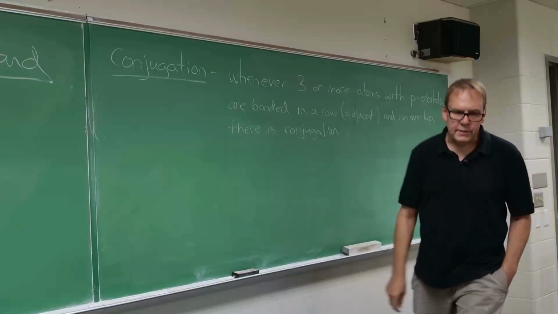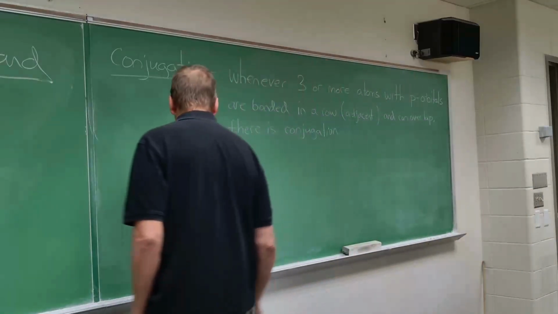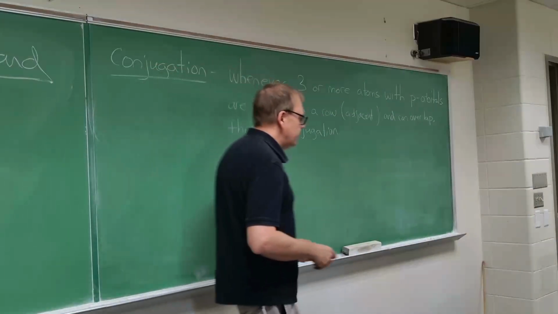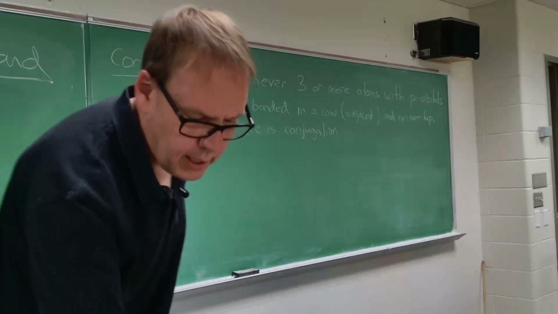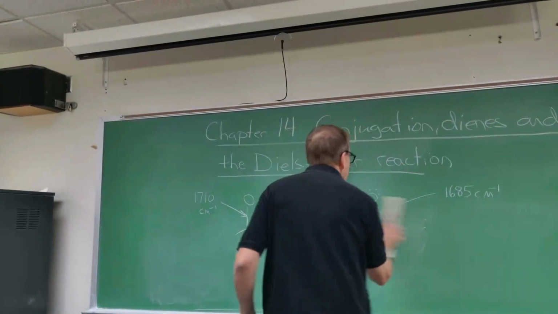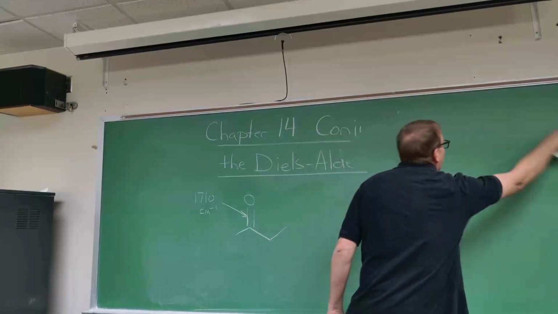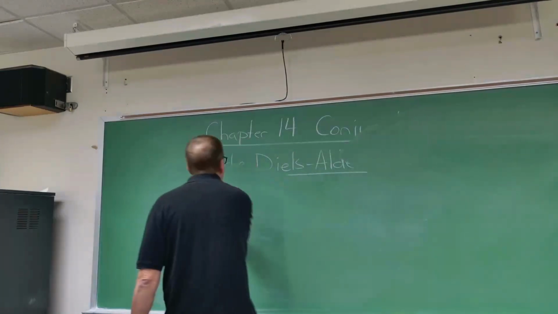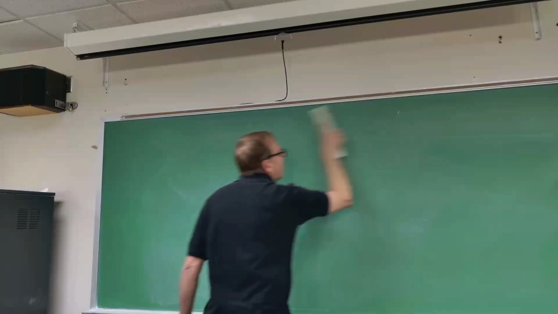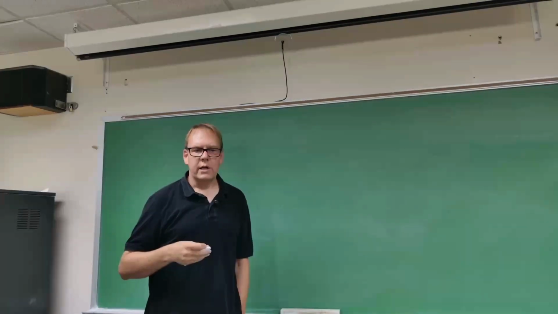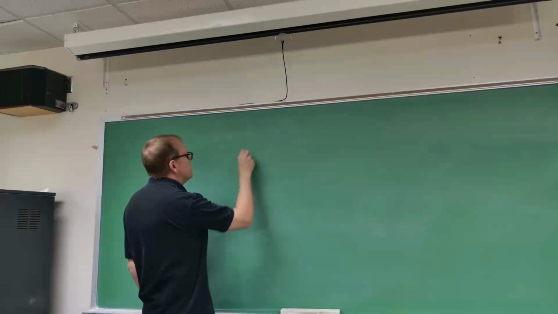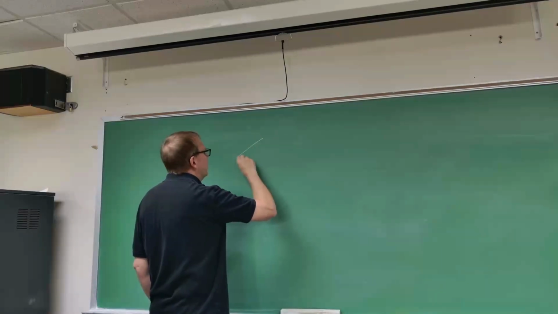Let's take a look at an example of that. I think what I'm going to do is switch over to this other board because I want to have lots of space to draw some nice big structures. So I'm going to start off with a molecule that has conjugation in it and is a cation.